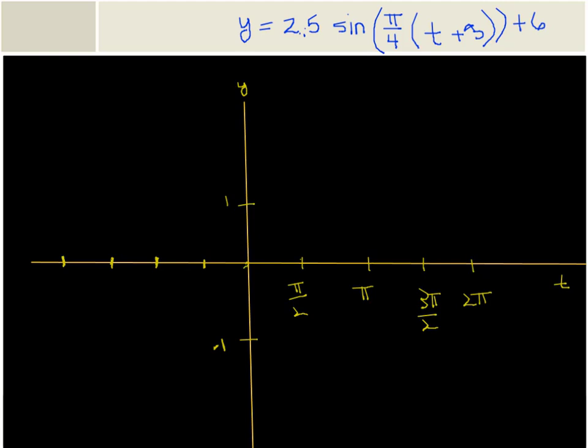Okay, so it's 0 at 0, it's 1 at pi over 2, 0 at pi, minus 1 at 3 pi over 2, and 2 pi. So basically, my graph looks pretty much like that, right? And so on. Okay? So this is the sine of x.